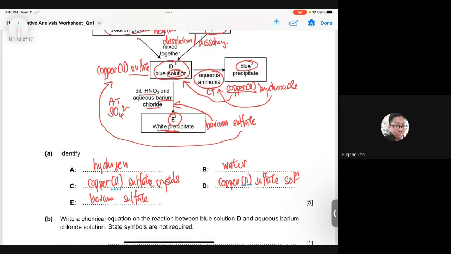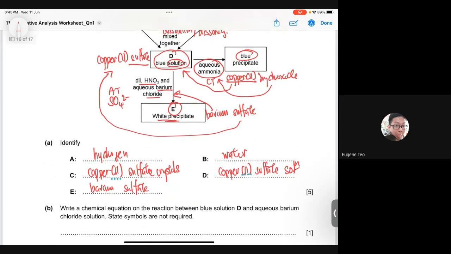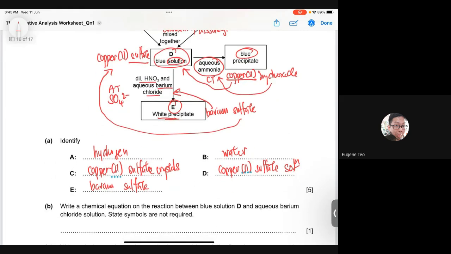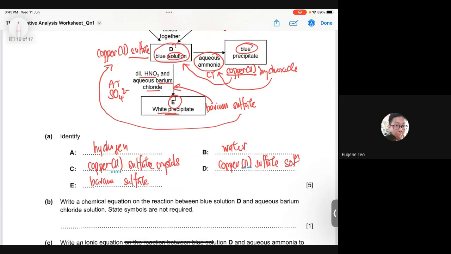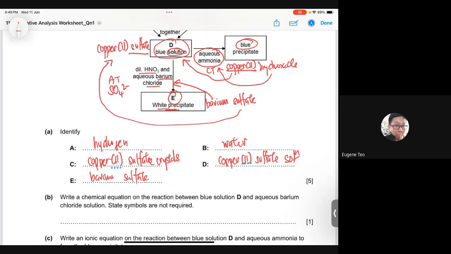Okay? And the final one, for this one, B, write a chemical equation for the reaction between blue solution D and barium chloride solution. So this one is a chemical equation, not your ionic equation. So blue solution D, you know, is copper 2 sulfate solution. So I'm going to write down copper 2 sulfate.